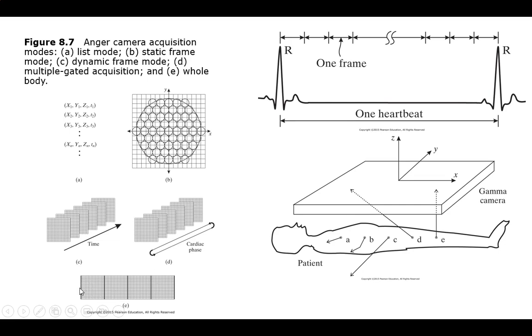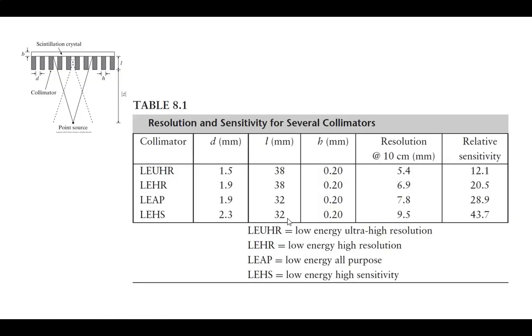I can then take these and stack them to walk down your whole body. These sensors are nowhere near big enough for your whole body, so we might have to do your head, then your chest, and then your abdomen, and so on. That's what they're trying to show with this: you can just stack them. All right, collimator.